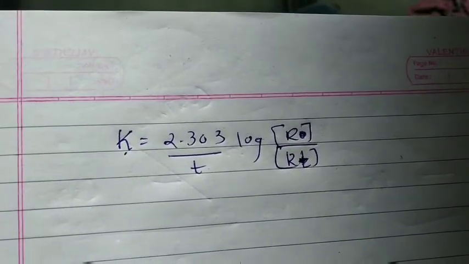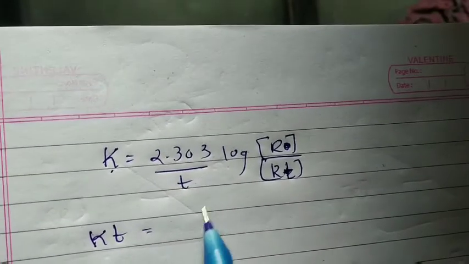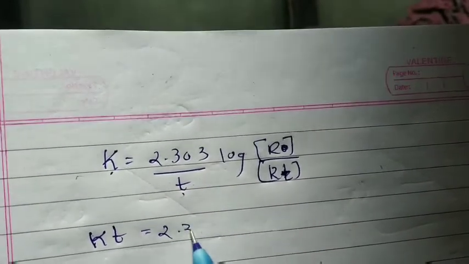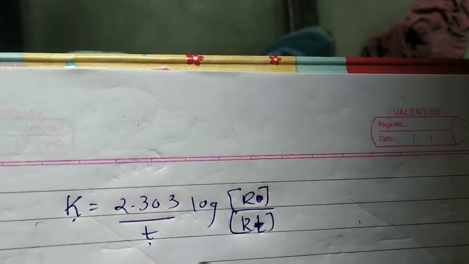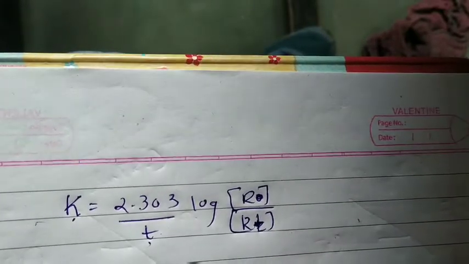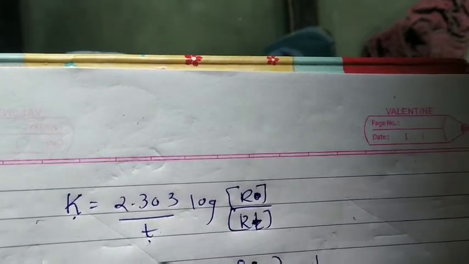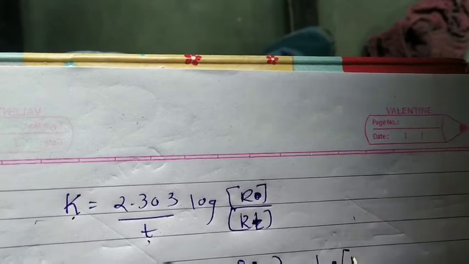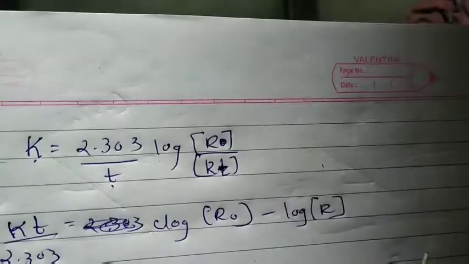If you write this equation in terms of a straight line, then kt is equal to 2.303 log r0 upon log r.